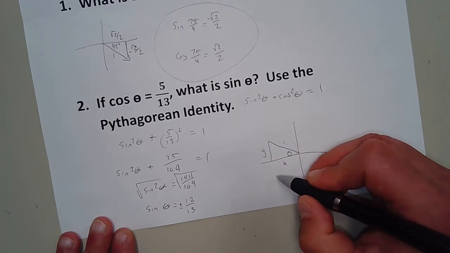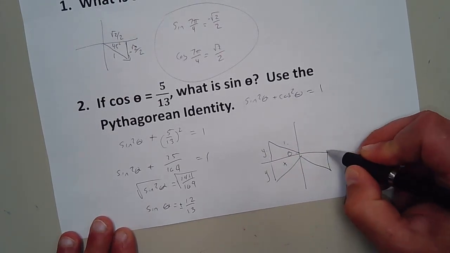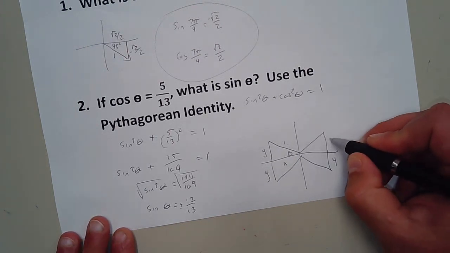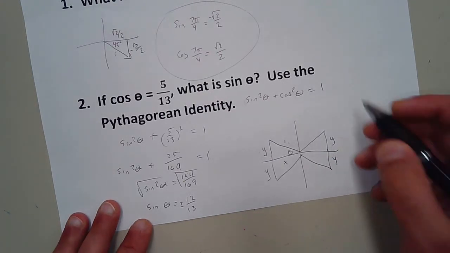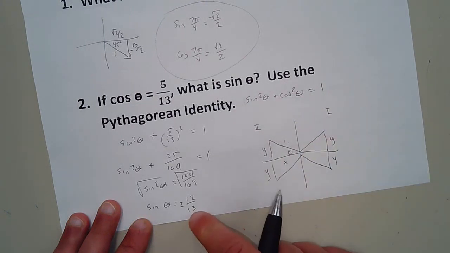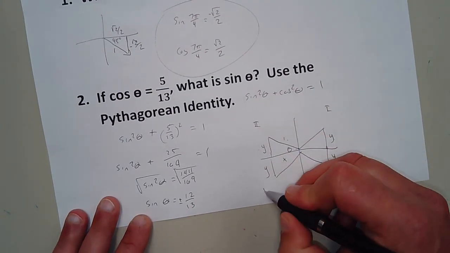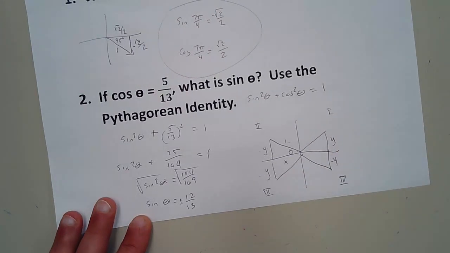No matter where it's drawn, the part you're working with is always the y. So every time it's the y whenever you're doing sine. So what you basically have to be aware of is these y's are always positive. So if it's in the first or the second quadrant, this will be positive. And if it's in the third or the fourth quadrant, then your y's will be negative.